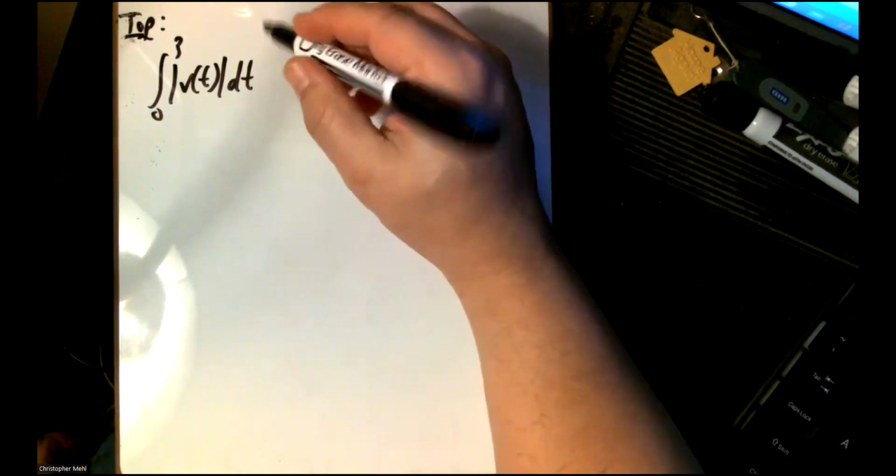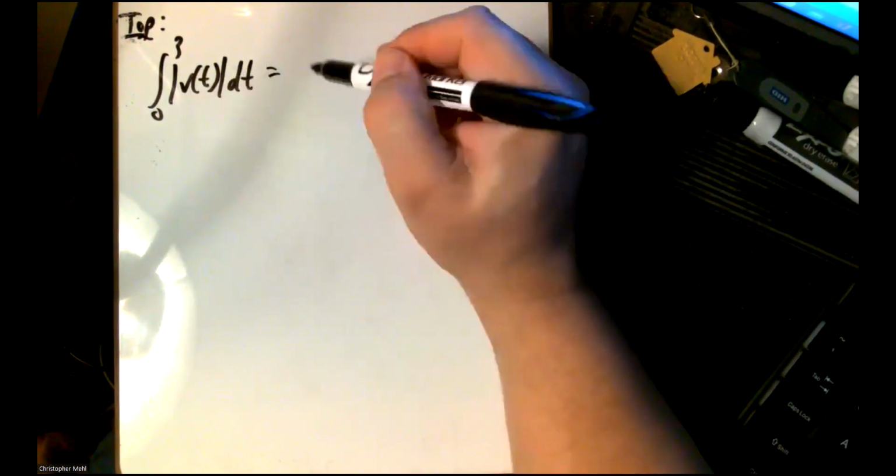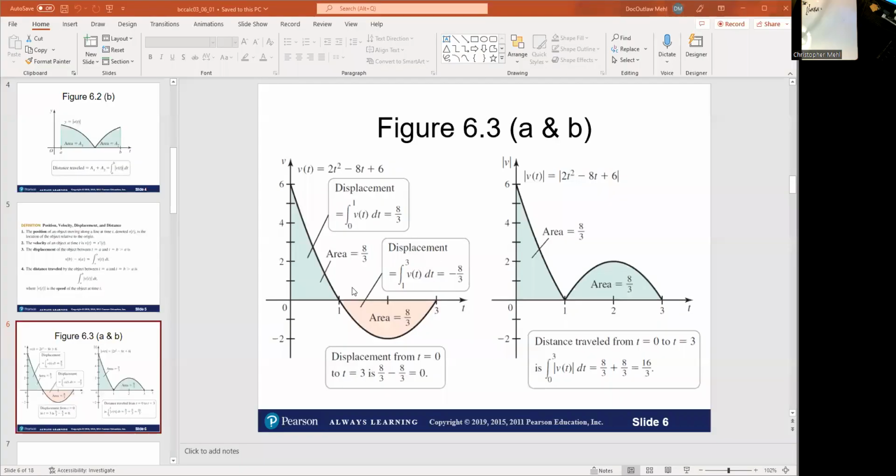Now, we can integrate the speed and get these same results, but if we do the integral of the absolute value, then remember we have to figure out on the portions of the interval where the function is positive, we're integrating the function itself.